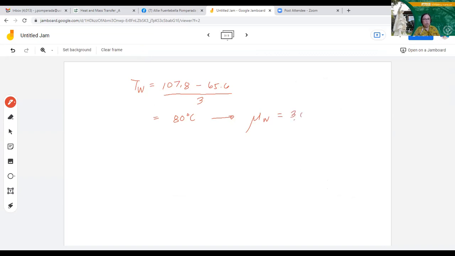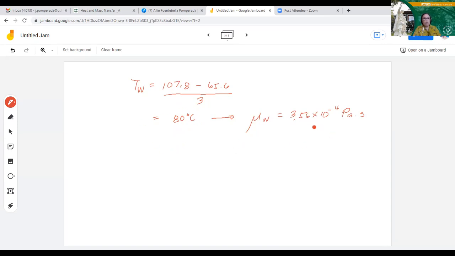This is just to save us time. You will use this viscosity at the wall based on this assumed temperature of your wall. Actually, that's the second assumption already. You will have a way of checking this later on as we proceed in the solution.